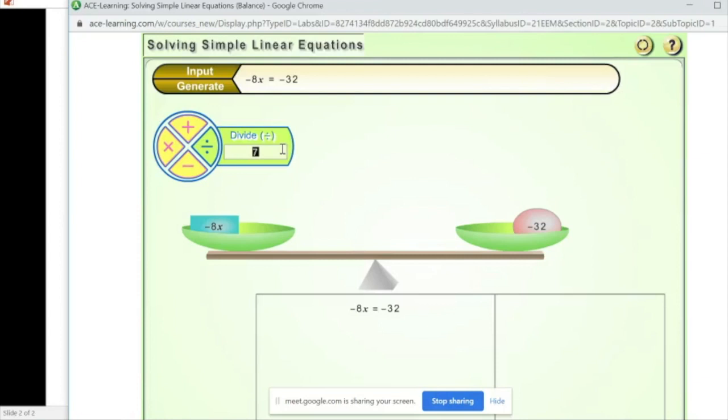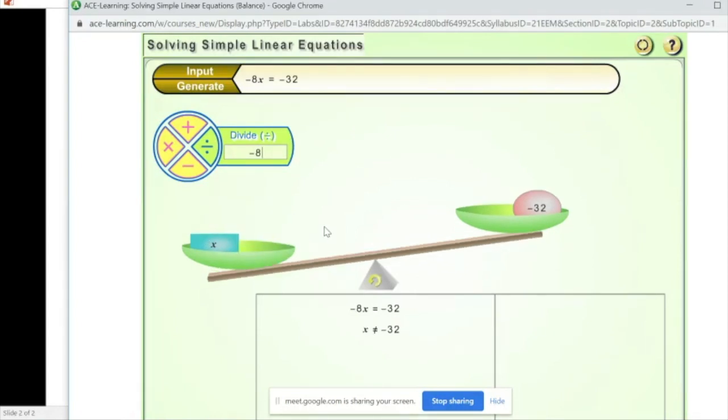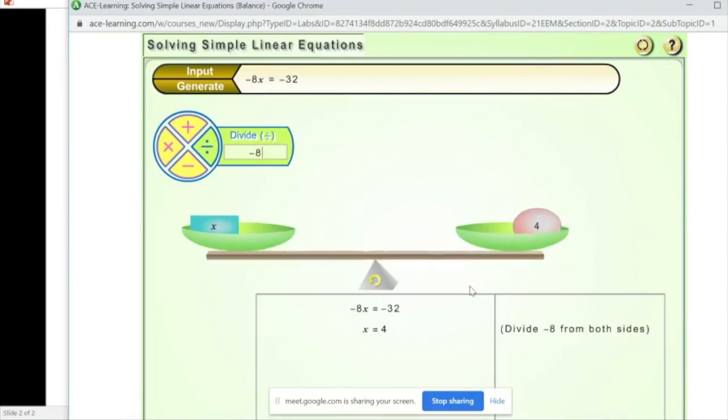I need to get a positive 1x. In order to get a positive 1x, I need to divide by negative 8. Then I need to do the same for the other side, divide by negative 8. So I'll get x equals 4.